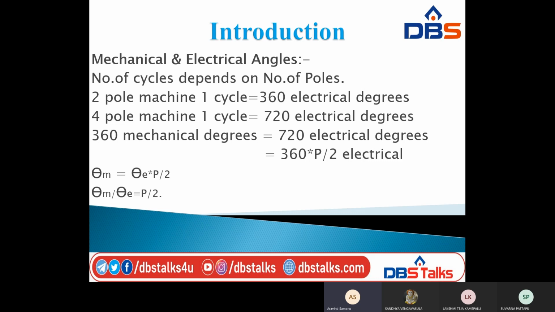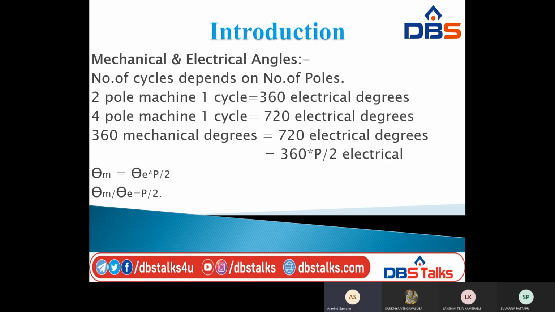For that, I am taking this formula: theta m, the mechanical degrees, is equal to electrical degrees into P by 2. Here P means the number of poles. Suppose I convert 360 mechanical degrees into 720 electrical degrees.